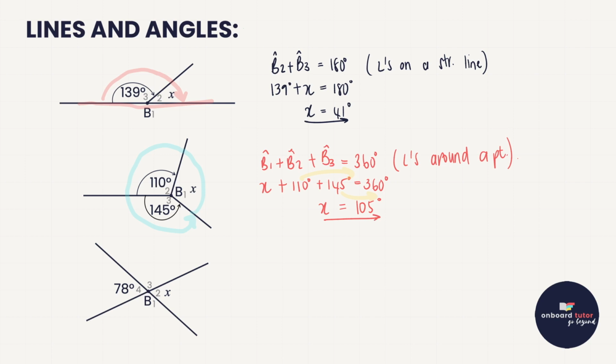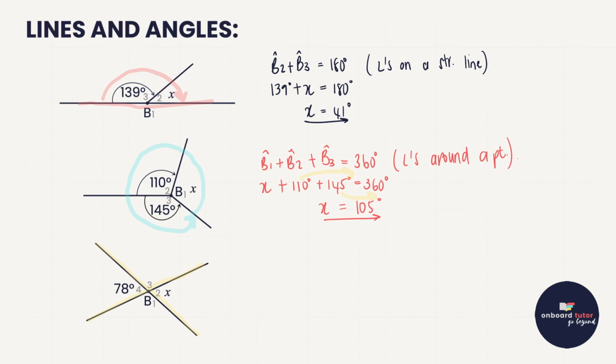What I like to tell my students to do is to look out for an X shape. It's always so helpful when you know what to try and identify. If ever you see lines that form an X shape, that's quite helpful in solving things. Here we can see this x is unknown, and directly opposite there's a given angle of 78.